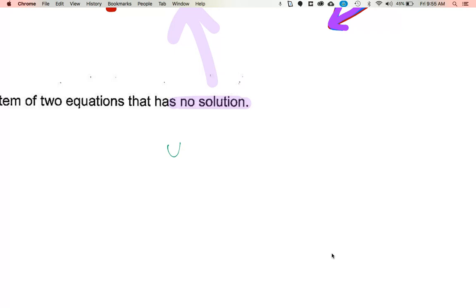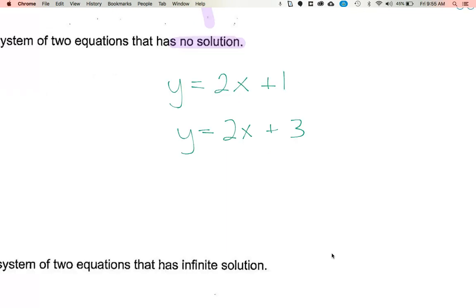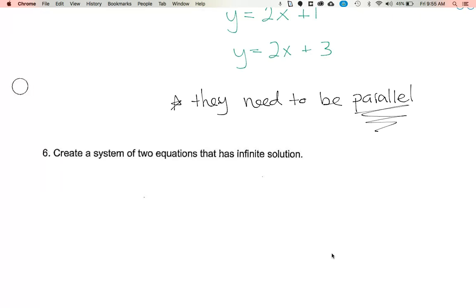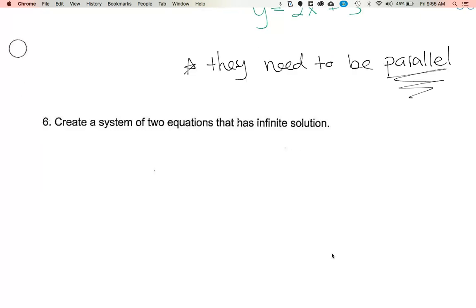So that would be something like y equals 2x plus 1, y equals 2x plus 3. Okay, easy enough there. Don't overthink that. Just make it as easy on yourself as possible, whether it's a fill in the blank type question or a matching question.